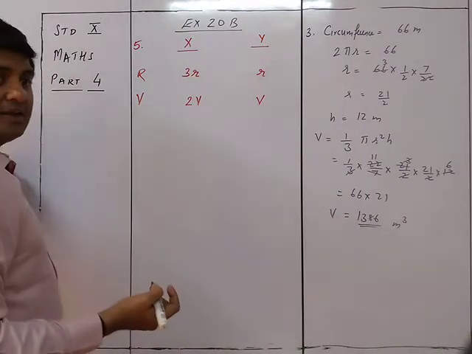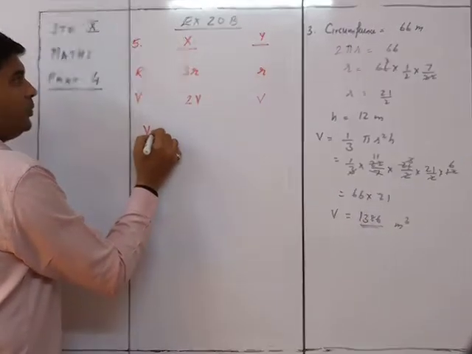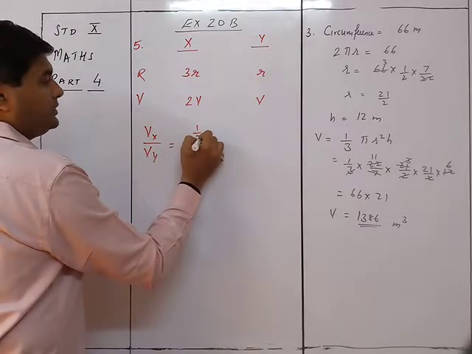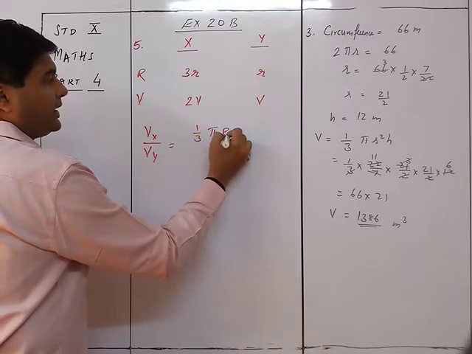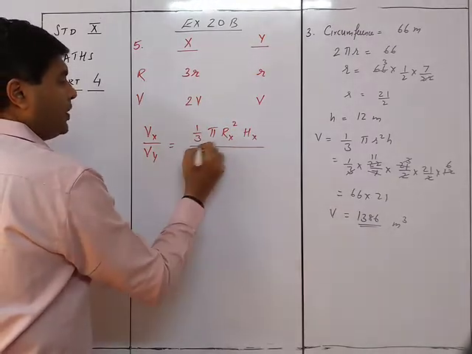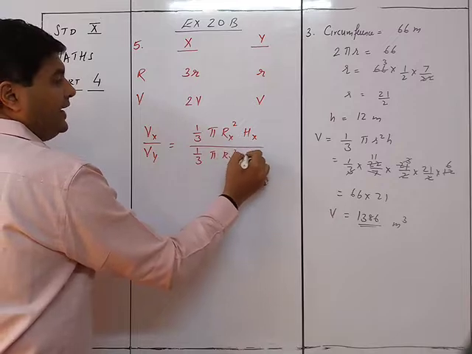We need to find the ratio of the heights. So here we know that Vx upon Vy is equal to 1 upon 3 π rx² hx upon 1 upon 3 π ry² hy.